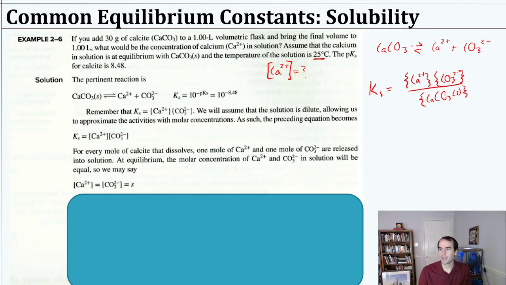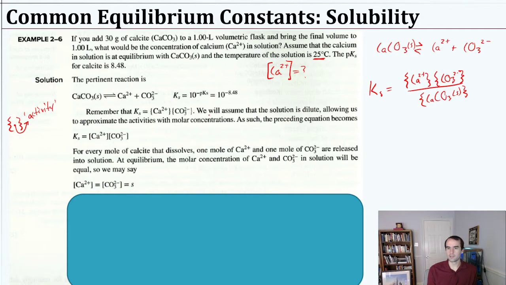The reason they're leaving that out is because, since it's a solid, they can basically get away with assuming it's 1, right? I mentioned that. Now the squiggle brackets mean that it's the activity of something, and if we have a relatively dilute solution, the activity is equal to the moles per liter.